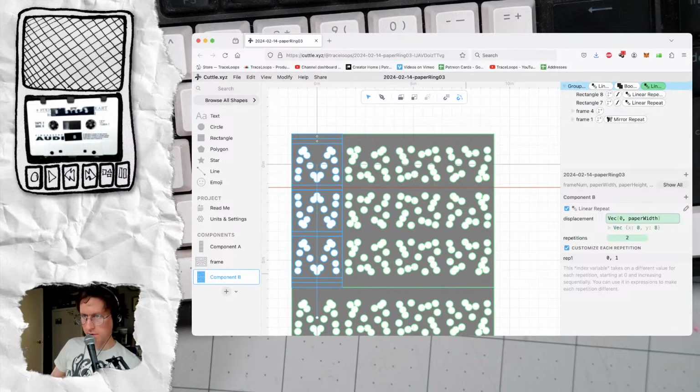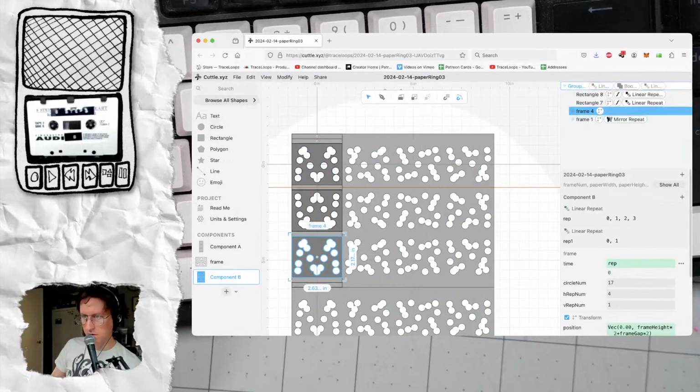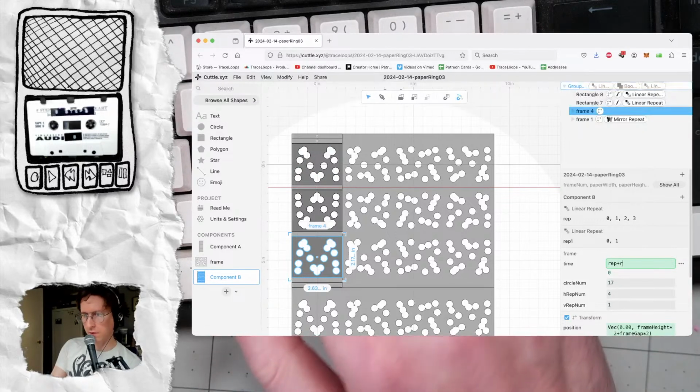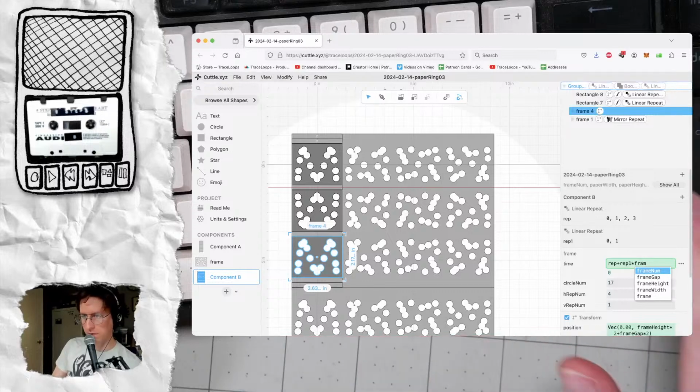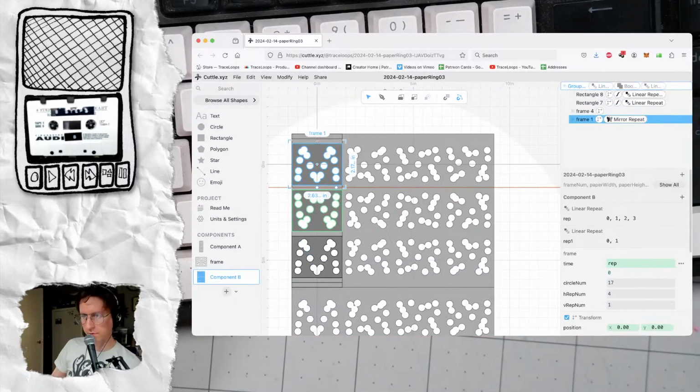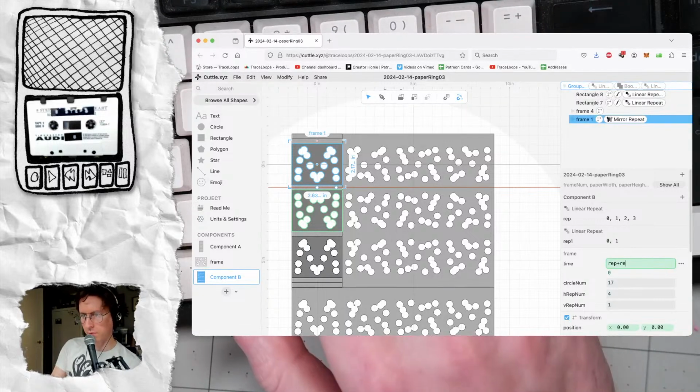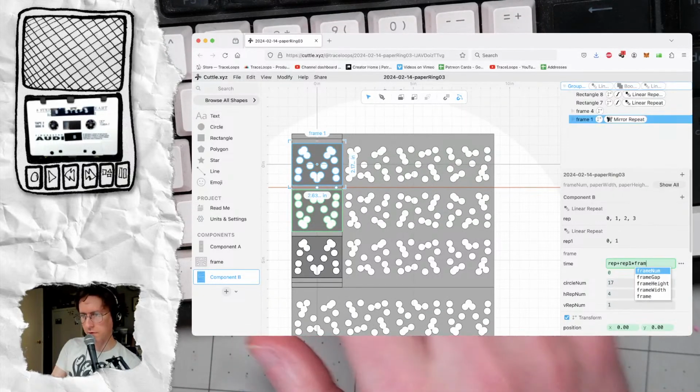And now come into these bits here, plus rep 1 times frame num. And do that for this one as well, plus rep 1 times frame num.